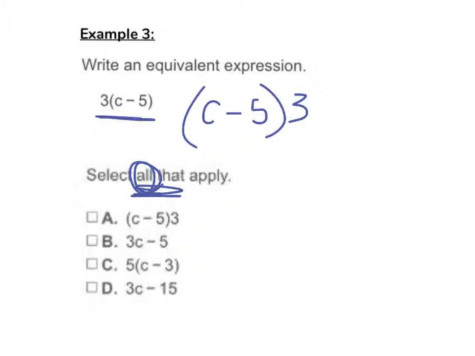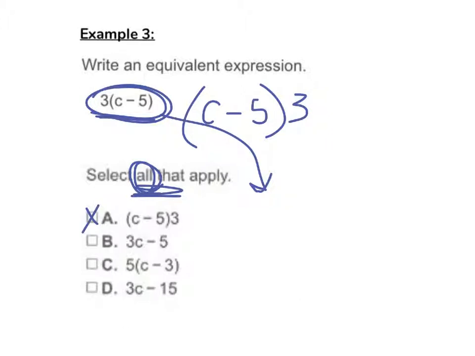However, if you jump down to your choices, you will see that letter A shows c minus 5 in parentheses with the 3 behind it. So we know that sometimes they're going to have us checking to make sure that we're understanding that you can kind of reverse or change the order. The next piece is going to be to use what we know about the distributive property to now rewrite the equivalent expression.